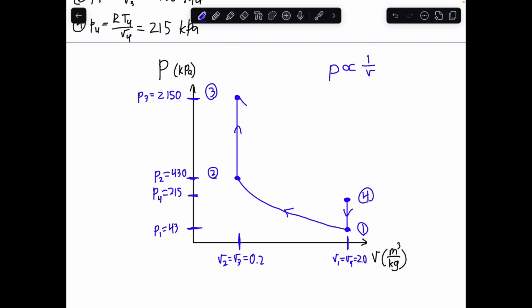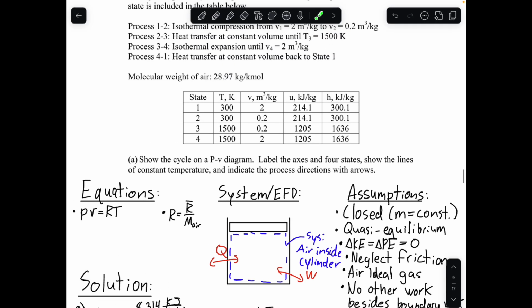And you can see we have a little bit of a steeper curve like this, connecting state 3 to state 4. And remember, these curved lines here are our lines of constant temperature. So everywhere along this line, we are at constant temperature because from state 3 to state 4, we have a constant temperature expansion. And then from state 1 to state 2, we have a constant temperature compression.